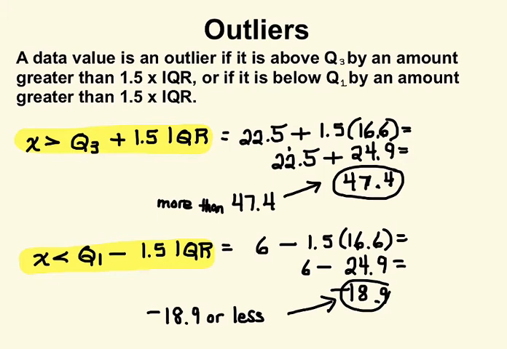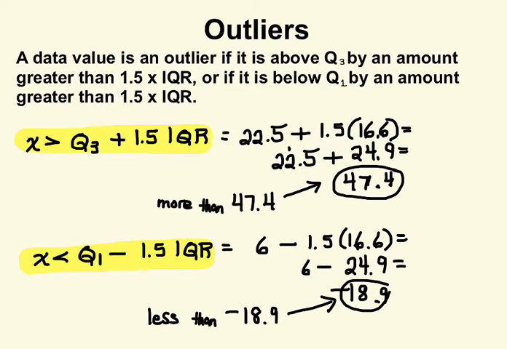And less than negative 18.9, and that's also not happening because the smallest value is 1. So now we know we have no outliers, but we could have outliers.